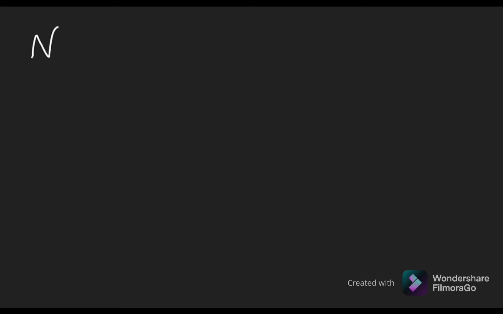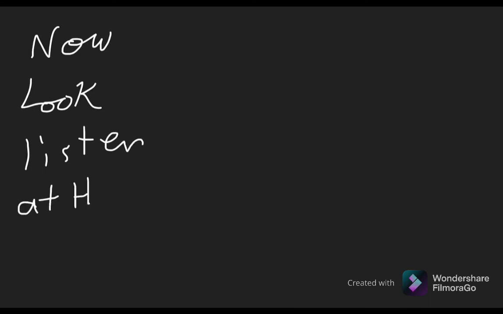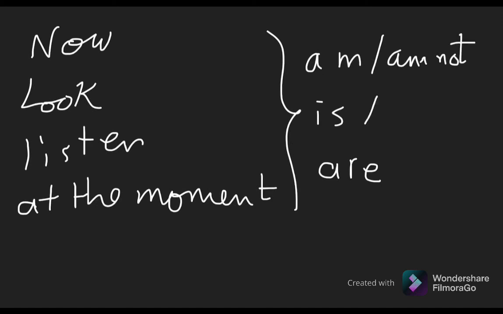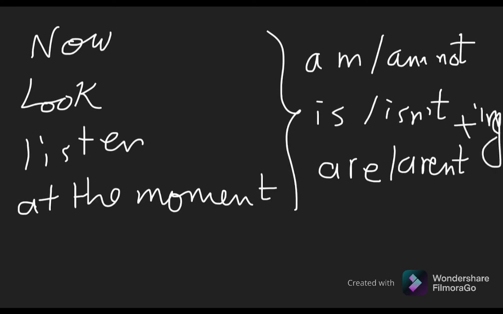We have here, if you see now, or look, or listen, or at the moment, you will use am, or is, or are, or am not, or isn't, or aren't, plus ing. So am or is or are in the affirmative form, and am not or isn't or aren't in the negative form.